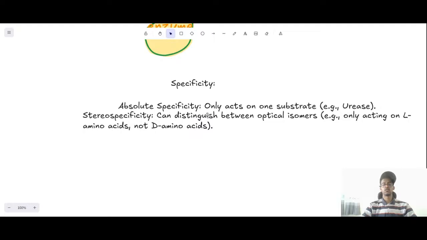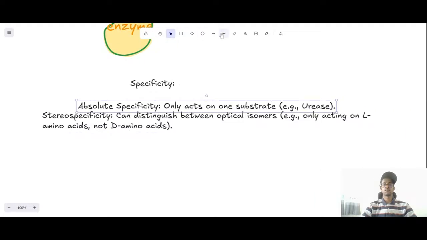Absolute specificity means the enzyme acts on only one substrate, for example urease. Stereospecificity means the enzyme can distinguish between optical isomers, for example acting only on L amino acids, not D amino acids.